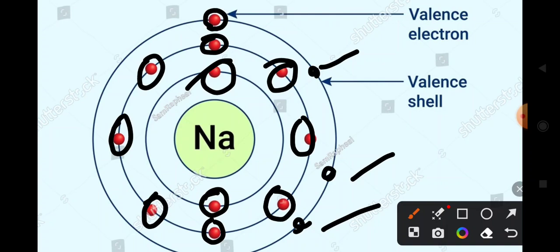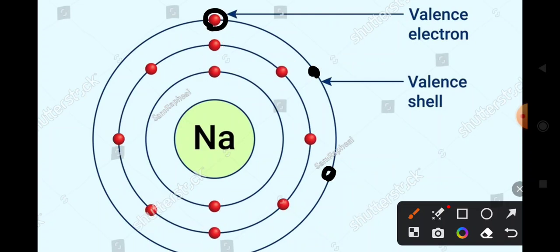How do we represent the ultimate shell, penultimate shell and anti-penultimate shell? See here now, what is the ultimate shell, what is the penultimate shell, what is the anti-penultimate shell.